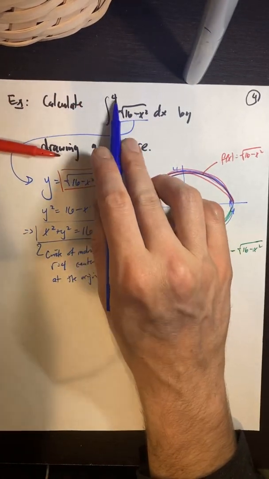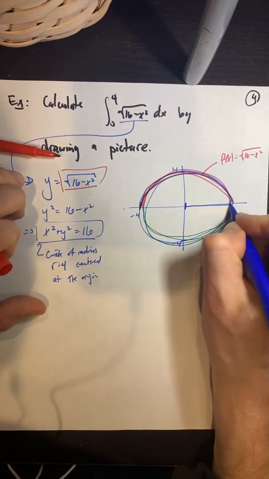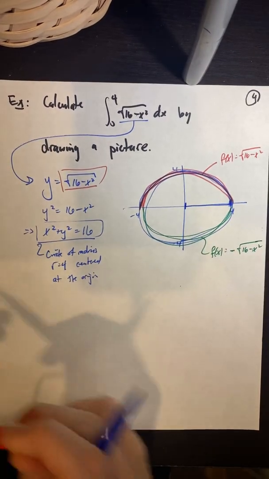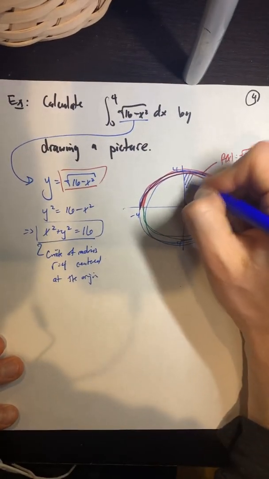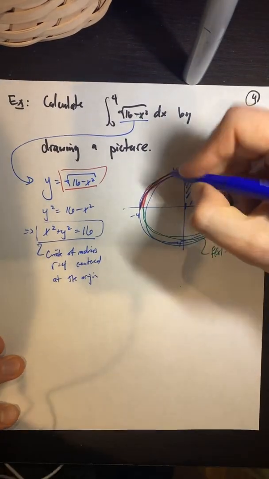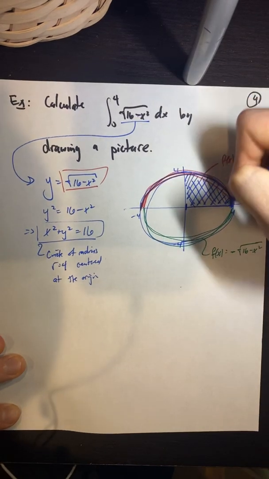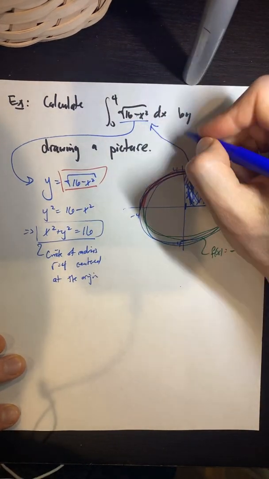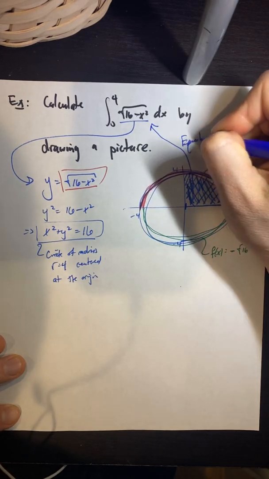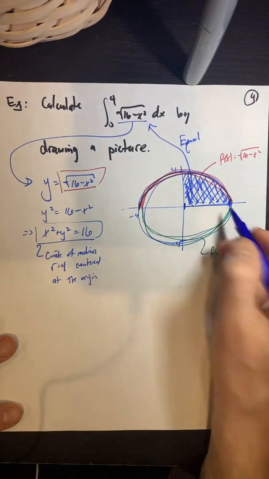Well, I'm going from 0 to 4, so that would be the interval from here to here, under this graph. So the area that is represented by that integral would only be this quadrant of that circle. Well, we know how to find the area of the circle.